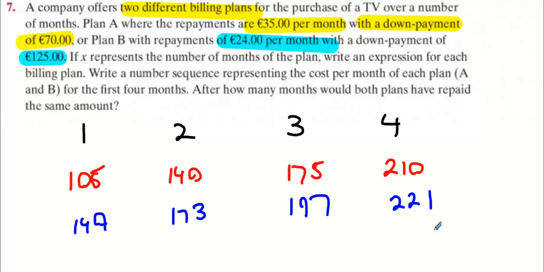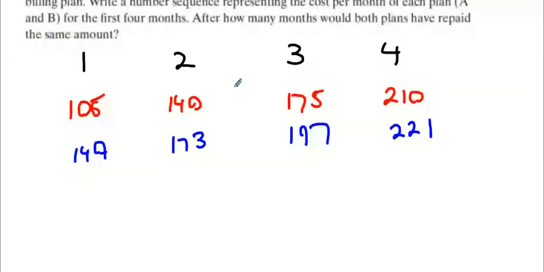After how many months would both plans have repaid the same amount? One sec, lads. So first thing I'm going to do is establish two formulas for both plans. I'm going to start off with the red plan, and we're going to do the same trick we did in the last question. What was the last question we did? ax plus b.